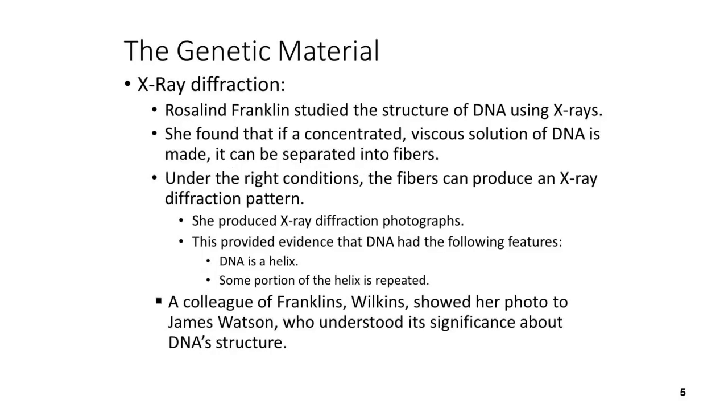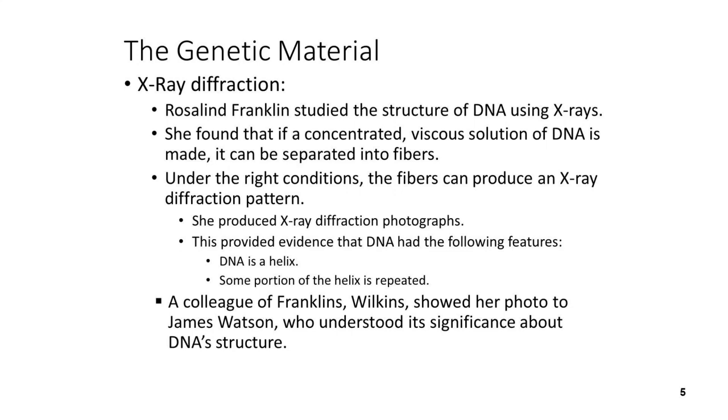How did we figure this out, right? How did we figure out DNA? Well, let me tell you. Rosalind Franklin, okay? She was studying X-ray diffraction, and she studied the structure of DNA using X-rays and this diffraction method. She found that if a concentrated, viscous solution of DNA is prepared, it can be separated into fibers.